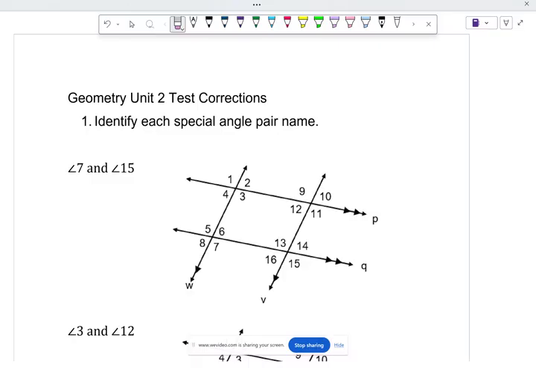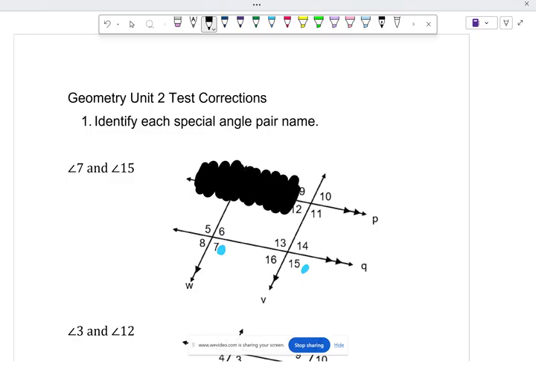All right, so the first part, we have to identify the special angle pair name for angle 7 and angle 15. Here's angle 7. Here's angle 15. The first thing you need to do is get your magic paper, and you need to get rid of the line that is the distractor.